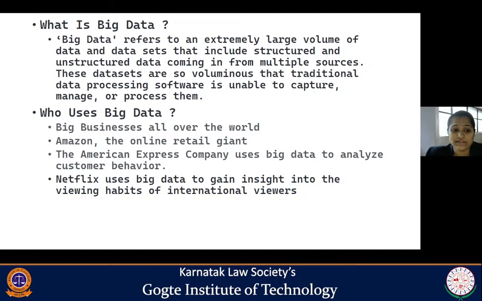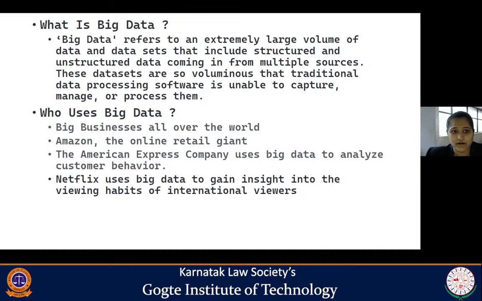So who all use big data? Big data is being used by very big businesses all over the world because they have to store their data. Amazon, for example: whatever login information you give and whatever products you purchase, all the data will be stored in big data form. Some American Express companies also use it, and even Netflix uses big data to gain insights into viewing habits.